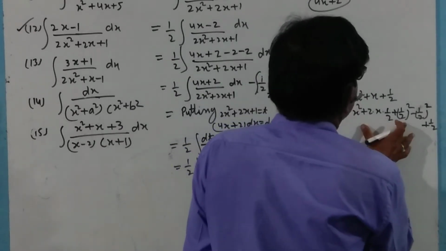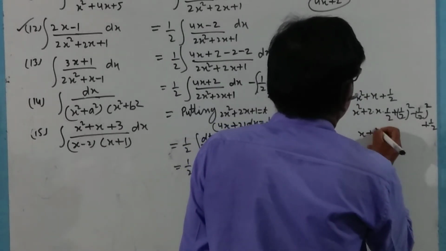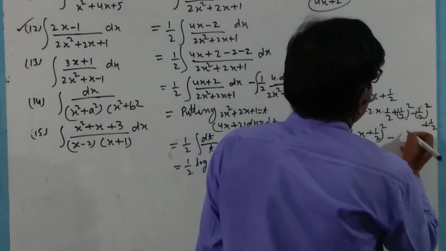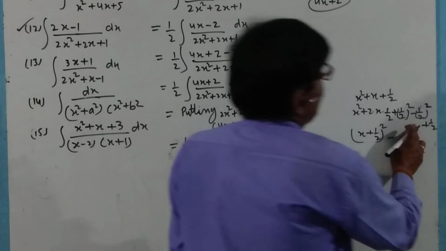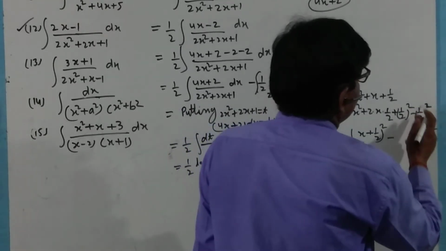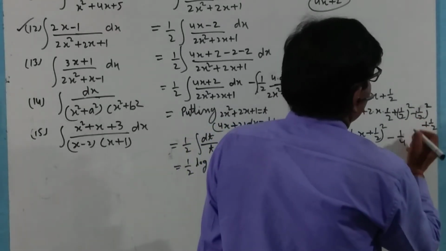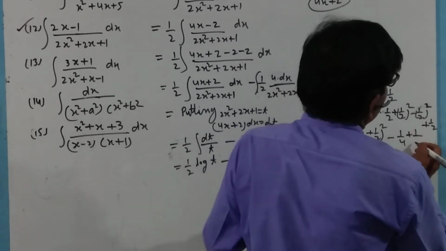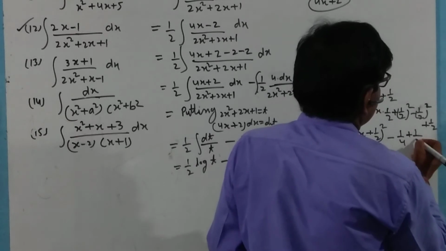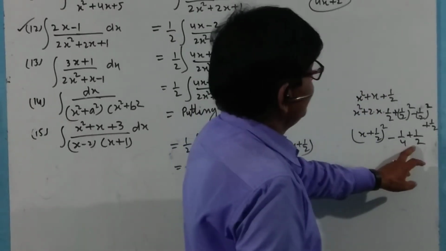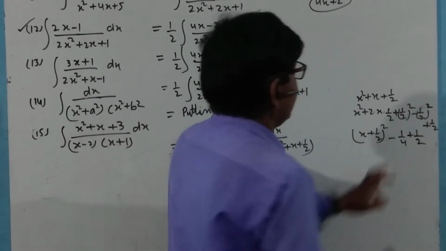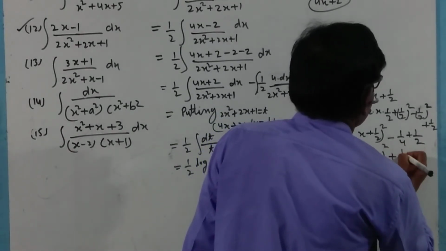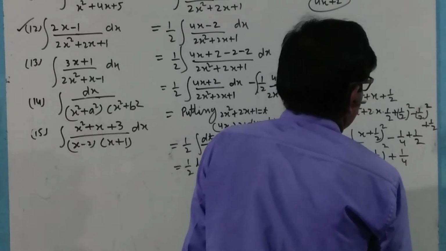Now this term is equal to (x + 1/2)², and this is 1 by 4, and this is minus 1 by 4 and plus 1 by 2. It can be written as 2 by 4, so this is equal to (x + half)² + 1 by 4 here.